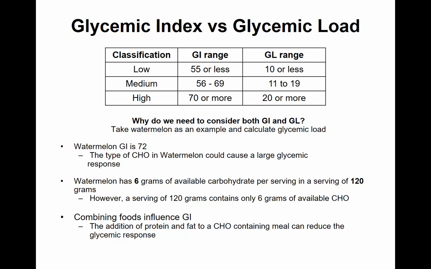So again, it's pretty complicated, and you can't just simply consider GI and GL to determine glycemic response. You also need to consider the combination or mix of your meal, whether you eat more protein or fat. That will probably slow the absorption of the glucose, and it can reduce the glycemic effect of the carbohydrate in your meal, right?